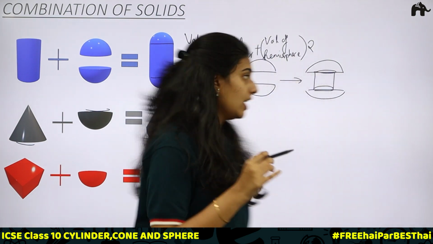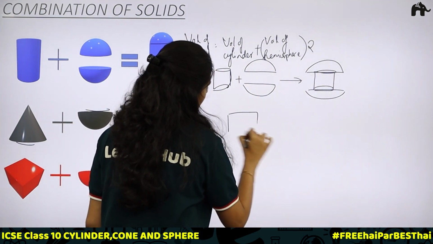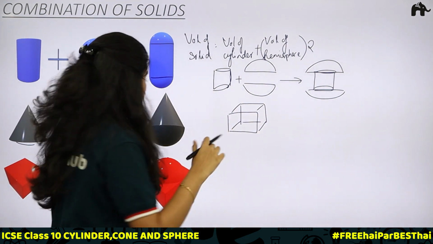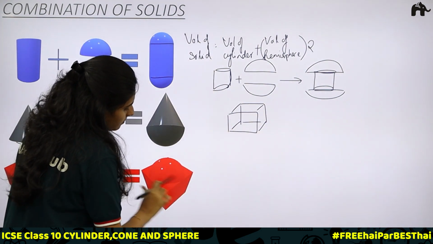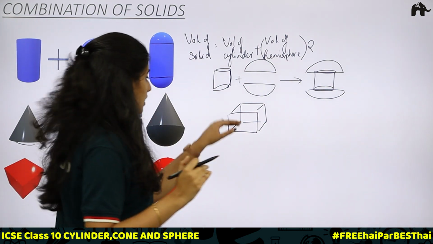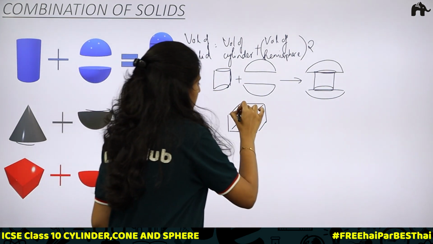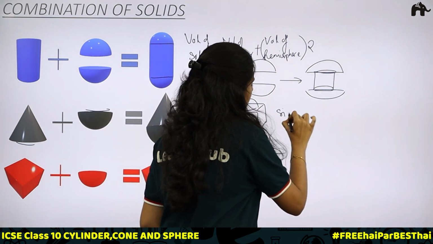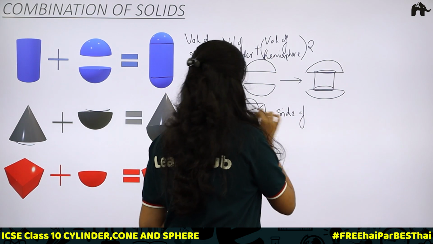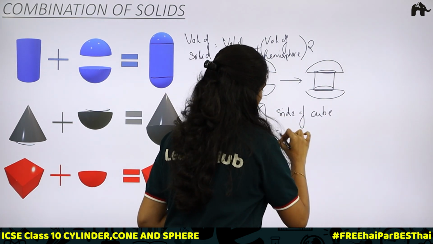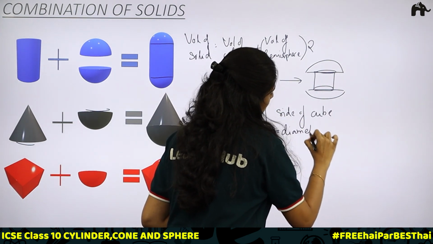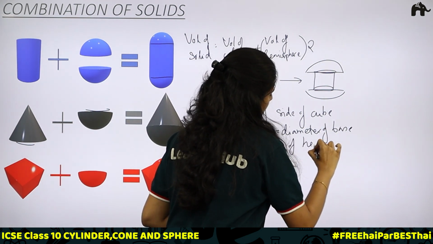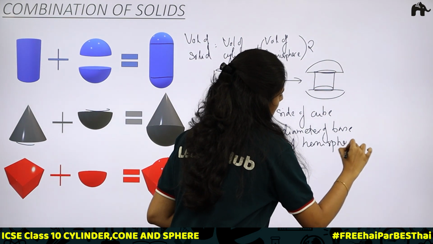When the hemisphere is completely fitted on top of the face of the cube, it looks like this, which means the side of the cube will be equal to the diameter of the base of the hemisphere.